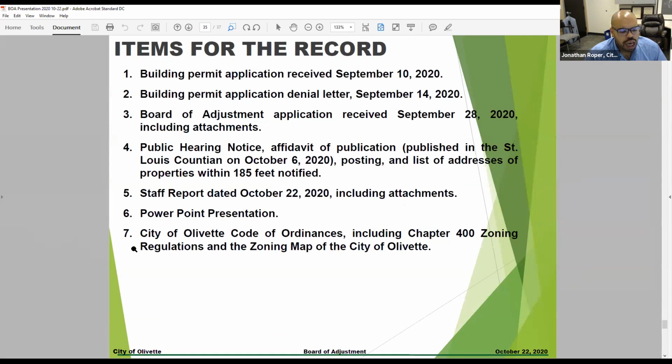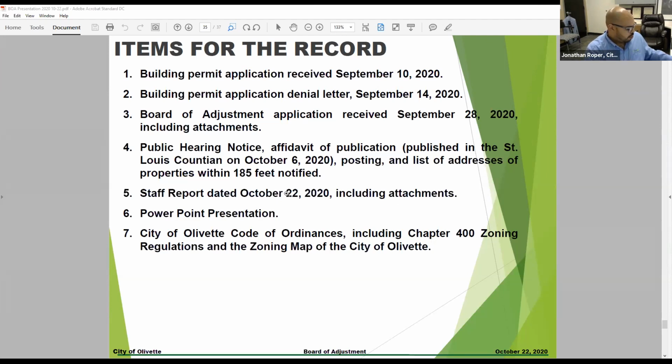It's a close up. And the items for the record that staff wants to note. Before I get to those, just want to note the letters that the Board of Adjustment has received, including the approval letter from the property off Warson and the not in favor letter from 8 Lisa Drive, as well as the building permit application received on September 10th, which is in your packet here. The building permit denial letter dated September 14th, and the Board of Adjustment application received on September 28th.